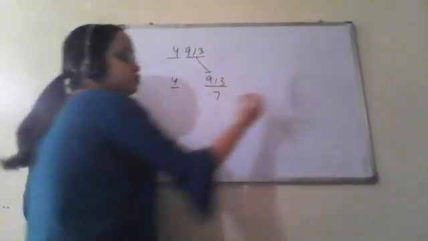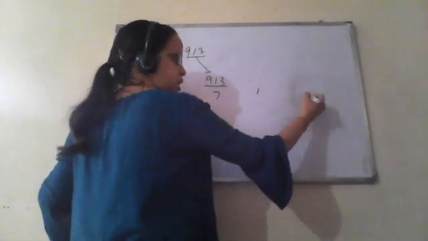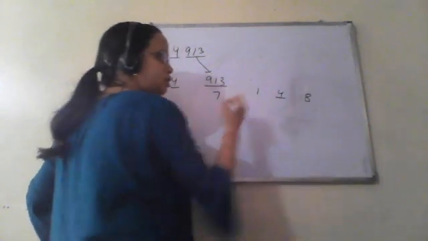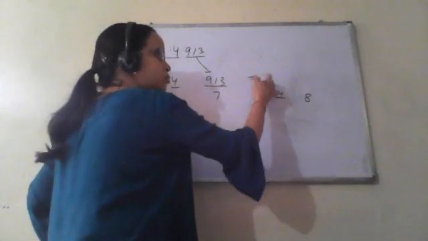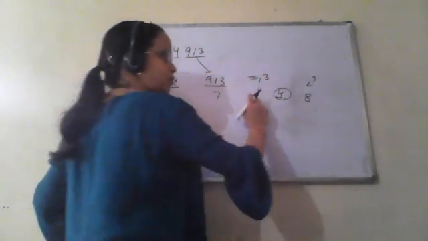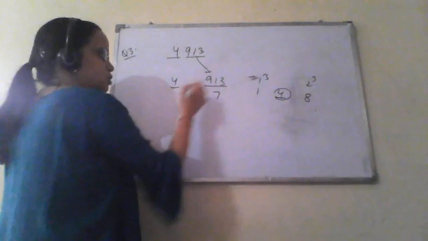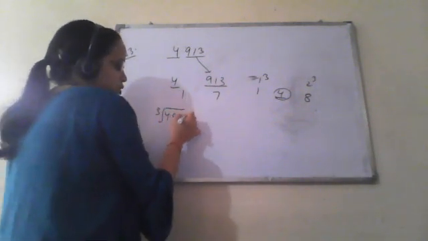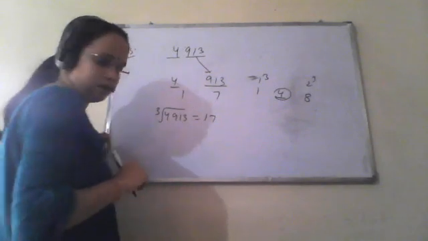Now for 4, the cube of 1 is 1 and the cube of 2 is 8. So this 4 lies between the cube of 1 and the cube of 2, and we take the smaller number, which is 1. So we will write 1. So the cube root of 4913 will be 17. Clear?